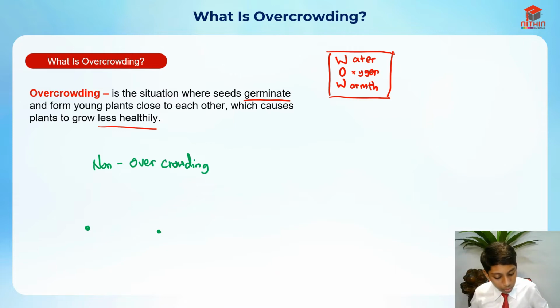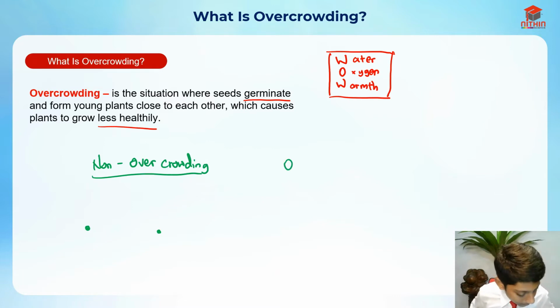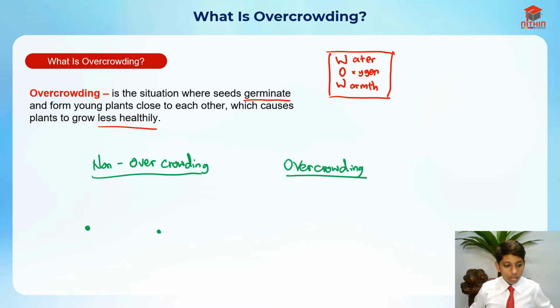These are two seeds far apart from each other. And what about an overcrowding place? Overcrowding is when all the seeds are very close to each other.